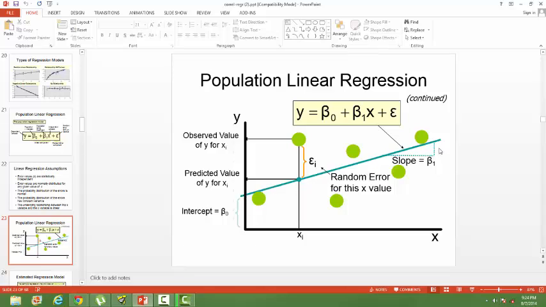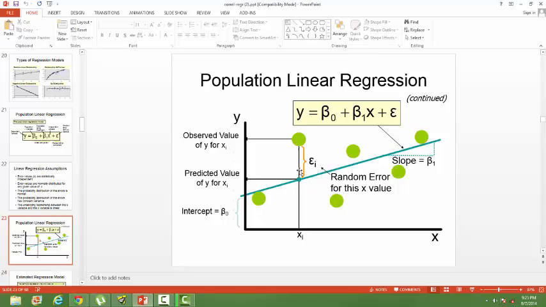So the line says that the relationship between x and y is best established by this line. Or we can get to know the relationship between x and y by looking at the line. It may not be 100% correct, because you see one point here, one point there, again coming down. So there is slightly a deviation, but that deviation is captured in the error part.